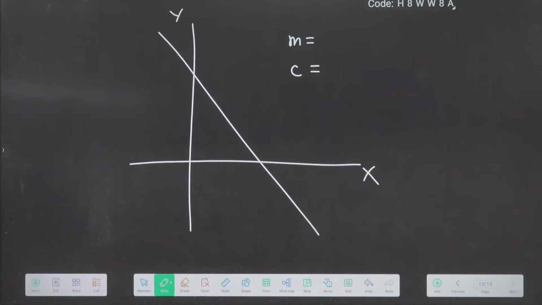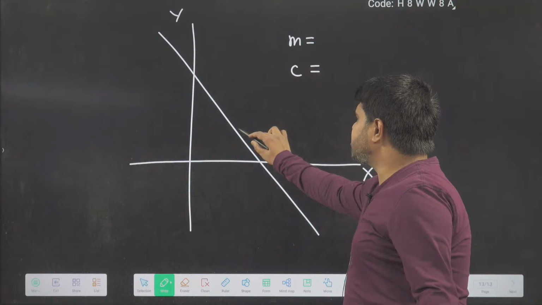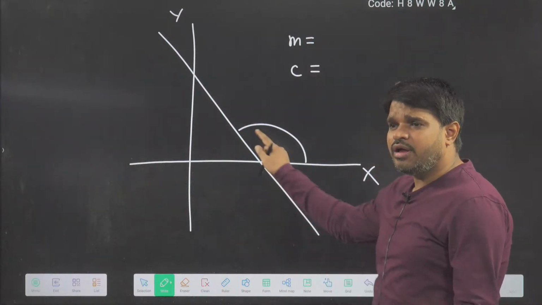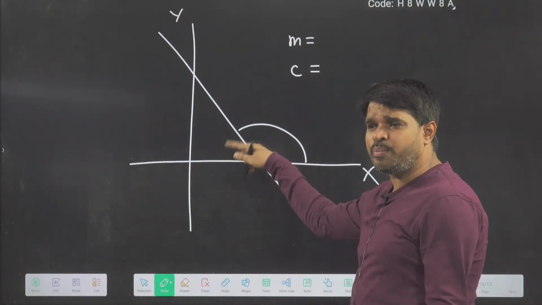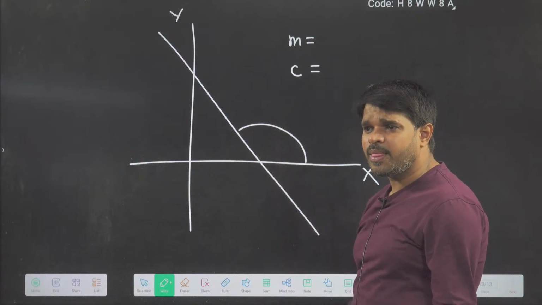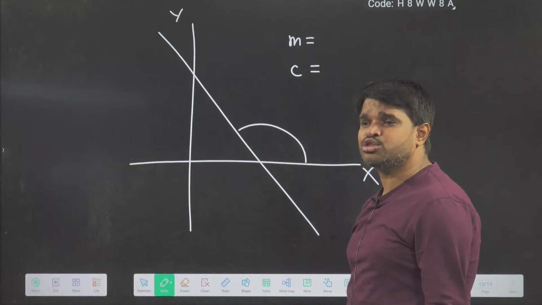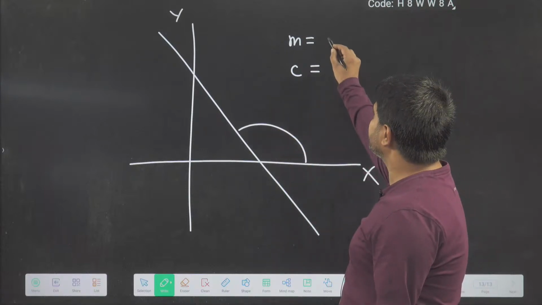No, M is not positive. M is negative. Now C. Which kind of angle? Acute or obtuse? Obtuse. For an obtuse angle, what is the slope? Negative.